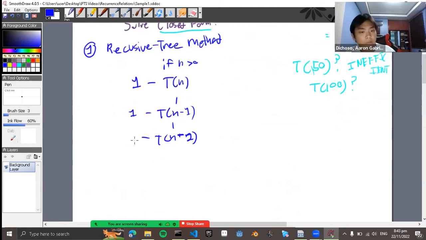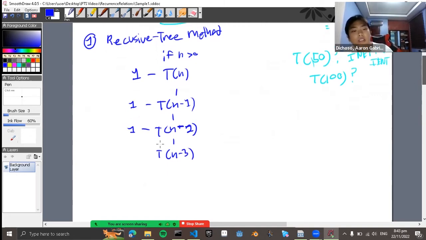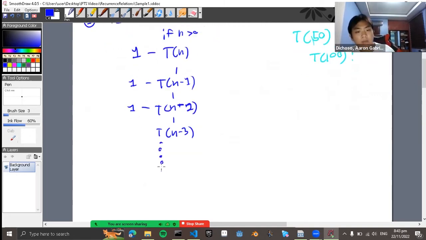T of n minus 2 would give out a 1 and t of n minus 3, right? So if we continued on and on until we reach t of n minus some number x, sabihin natin x, what would it give?